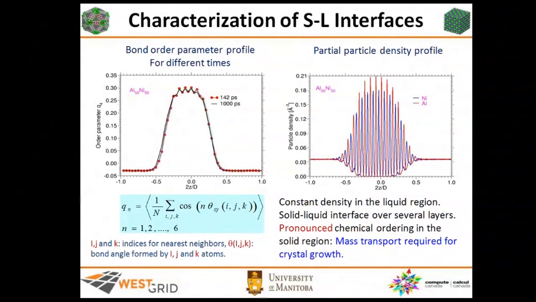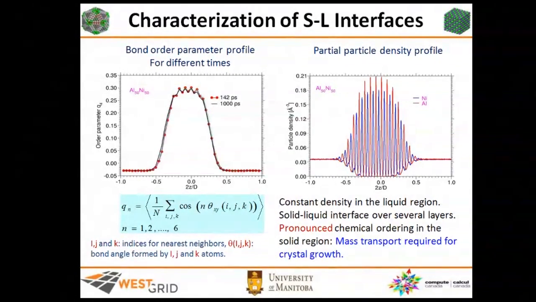So what happens if I run the simulation, for example, using this system with two phases? Here I'm running the simulation at 1600 Kelvin. I started from a system which has a crystal in the middle, surrounded by the liquid. If I run the simulation, I will see that the system will melt completely.